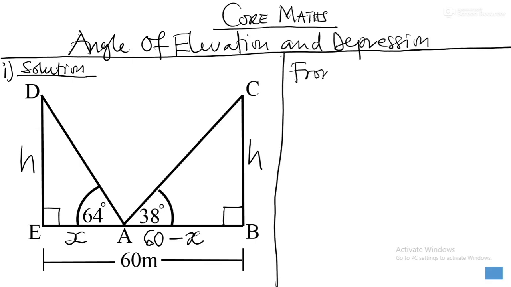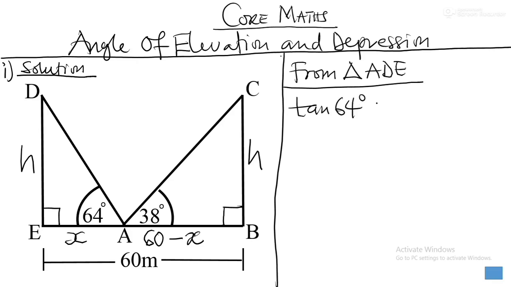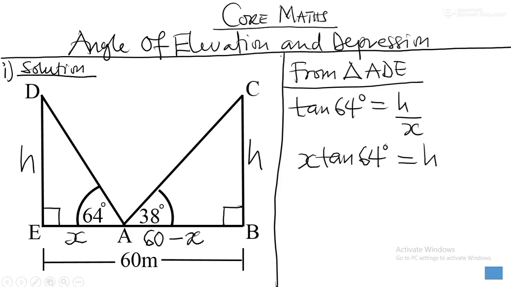So from triangle ADE, we are going to have tan 64 degrees equal to H on X. Making H the subject, we have X tan 64 degrees equal to H. Now let's use a calculator to find the value of tan 64.